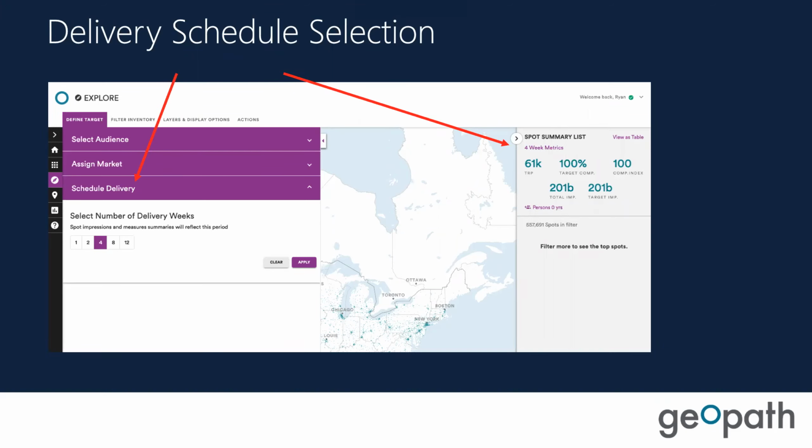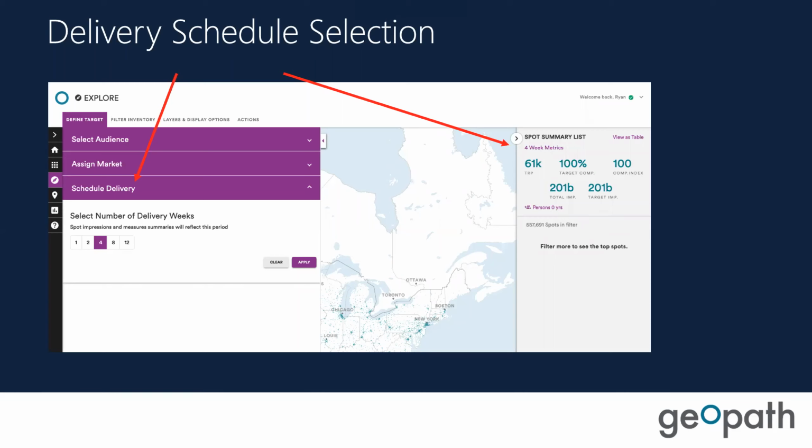In the coming weeks, you will see an update in the workspace where you will be able to get multi-week metrics on reach and frequency. That area is being updated and will be available within the next couple of weeks. We're super excited about that, and I know a lot of members are eager for it to come out.